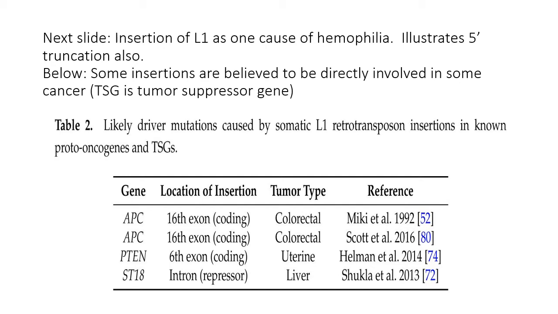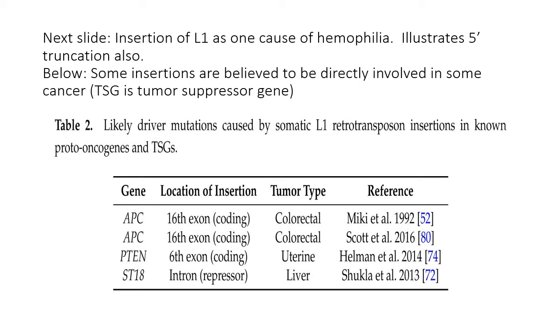You can also have events where you're activating a proto-oncogene, and again, that can lead to a cancerous phenotype. So there are very many documented cases where L1 has done something very bad by driving cancer formation by basically landing in the wrong place.